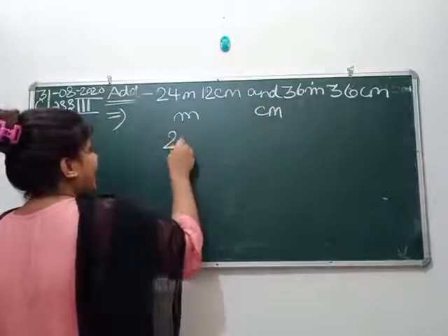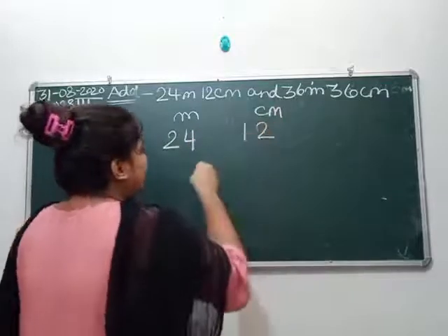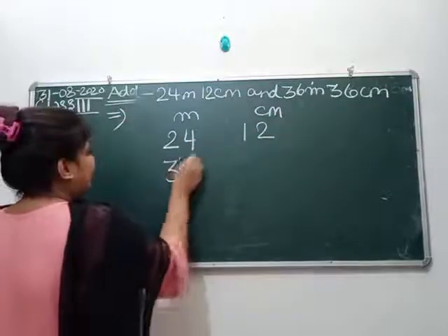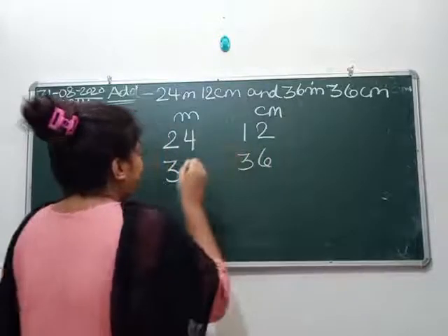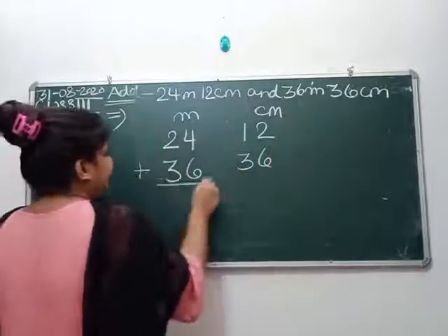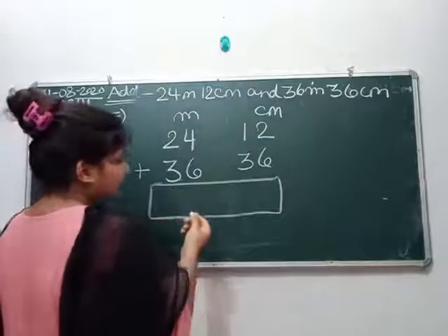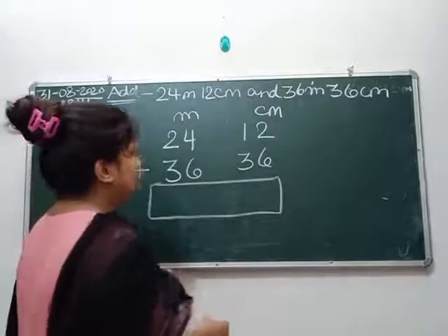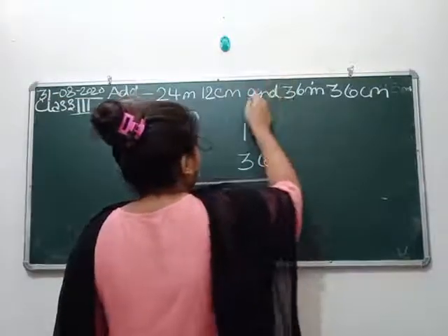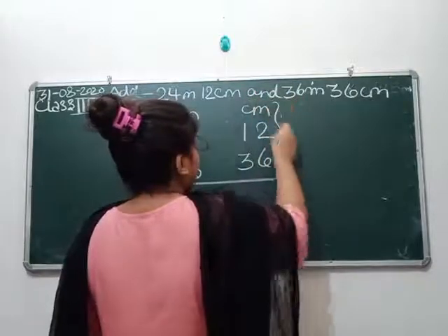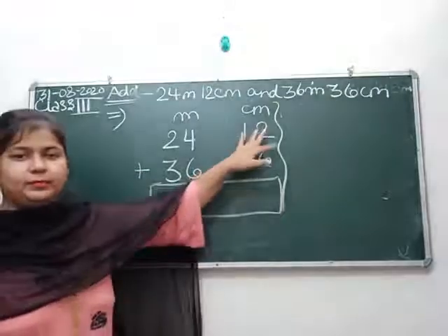We'll write here 24 meter, 12 centimeter and 36 meter and 36 centimeter. Now let us add them together. Let us see what we will get as our answer. So we'll start from this place.